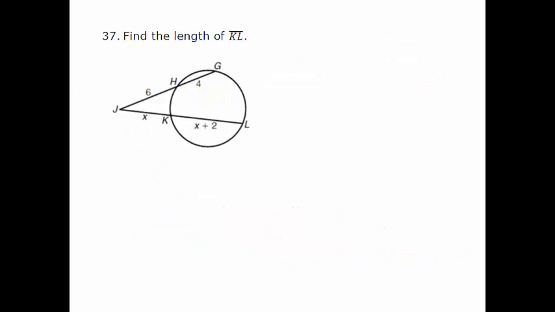For 37, we're asked to find the length of KL. What we need to remember when we have two secants that intersect a circle, but intersect each other outside of the circle, is a theorem that says the product of the whole secant times just the part outside will equal the product of the whole secant times just the part outside.